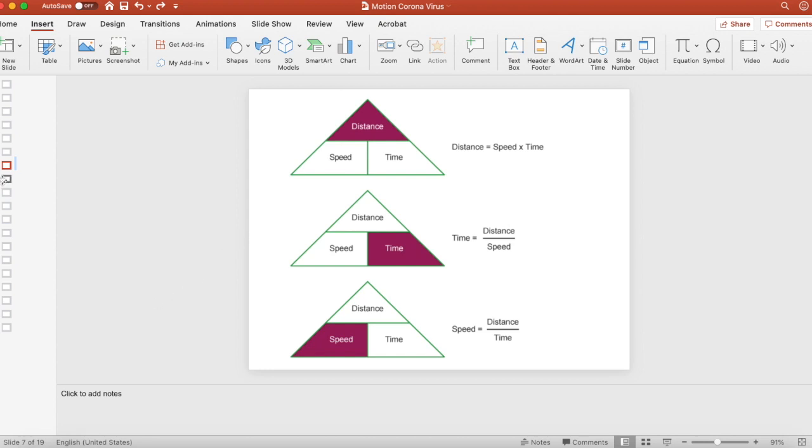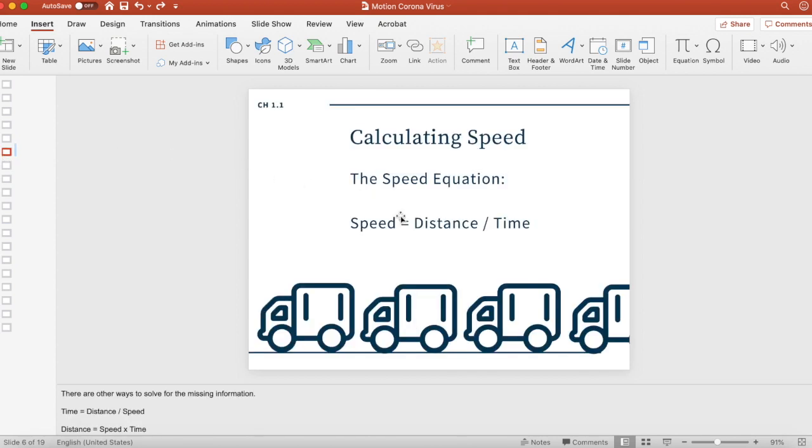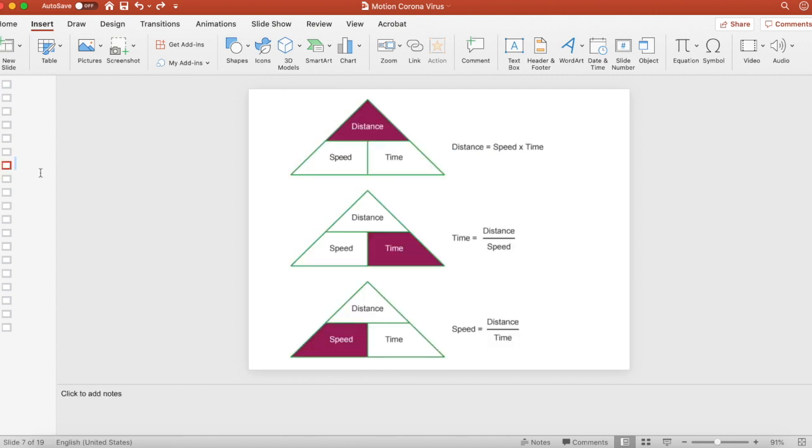So if you like just knowing the formulas and you can memorize the speed formula right here, the time formula right here, and the distance formula right here, you're totally set. You don't even have to worry about it. But let's say you are not going to be good at remembering those three formulas. You can use the speed, distance, time triangle. And that should help you.